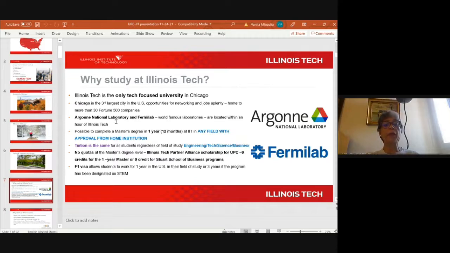They both are located in the Chicagoland area, which means in the suburbs of Chicago. Why I mention these 2 labs is because some of our professors either use their facilities and or work with some of the research teams in both of these labs. So this affords students working with the professors opportunities as well to see what these labs are like by using their facilities and or working with these research teams.